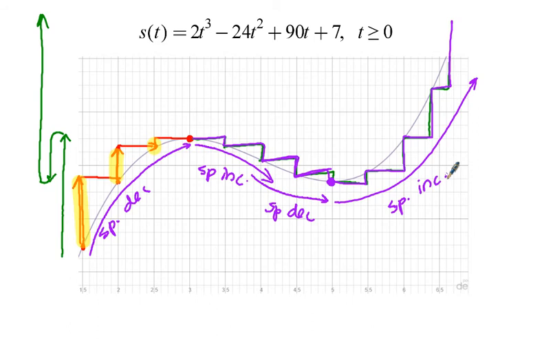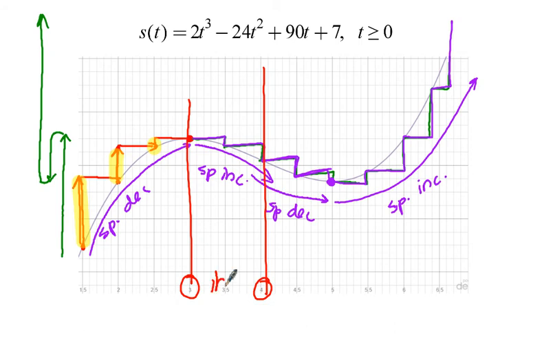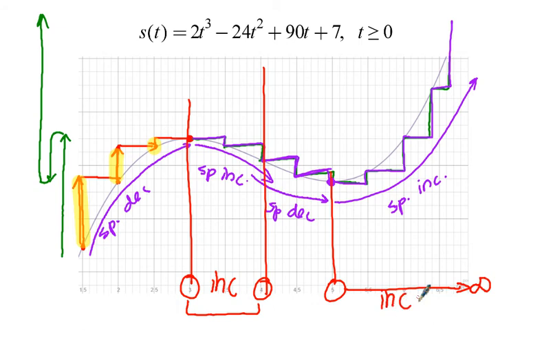So in terms of the answer we expect that starting at 3 and ending somewhere around here, the speed is increasing in this time interval right here. And it's increasing again from 5 all the way on up. So we expect our answer to say that the speed of the object is increasing between t equals 3 and 4 and t larger than 4.